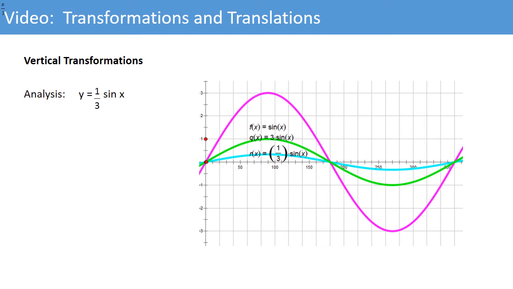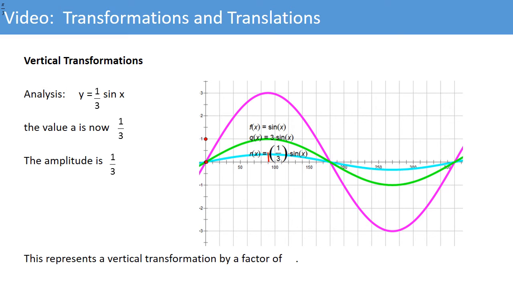And what happens is shown in the turquoise color. The A is now 1/3, so the distance is only 1/3 the length, so it would go up 1/3. So the amplitude is 1/3. We can say this represents a vertical transformation by a factor of 1/3.